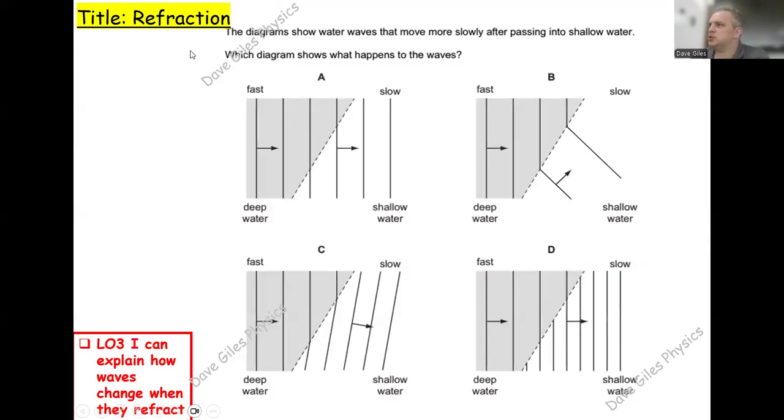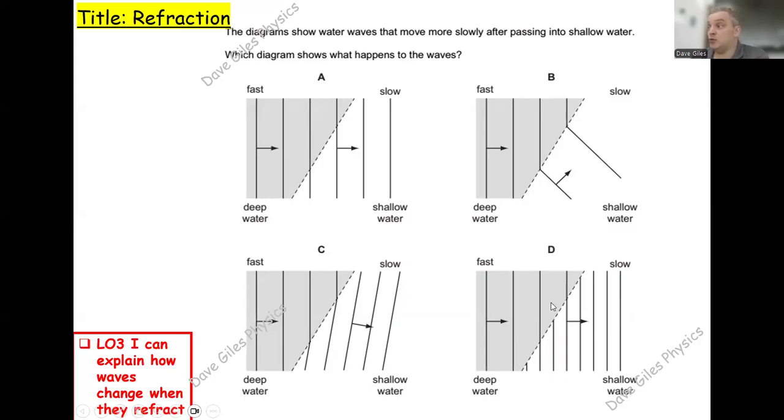Okay. The diagrams show water waves that move more slowly after passing into shallow water. Which diagram shows what happens to the waves? So they're going to change direction.